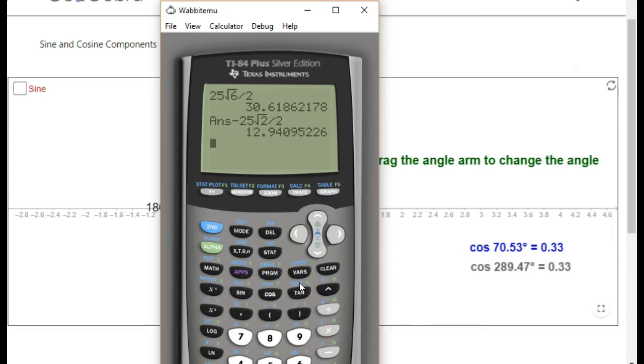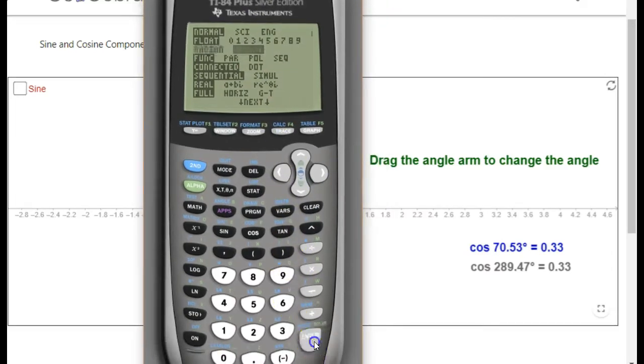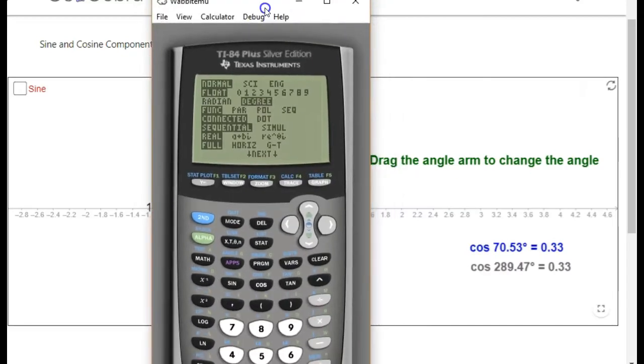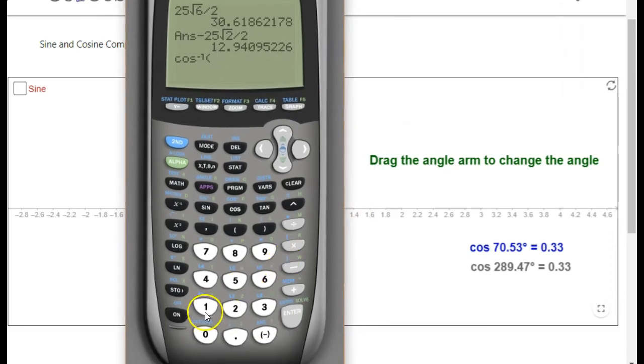And we use those to find the angles. So if you put your calculator in degree mode, and now go second cosine, put in 1/3, 1 divided by 3, enter. There's your angle.